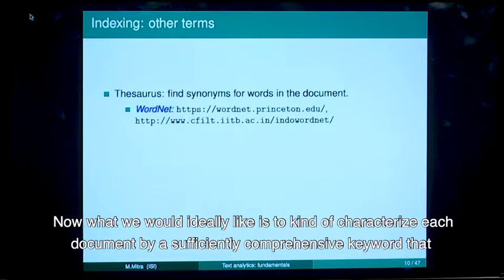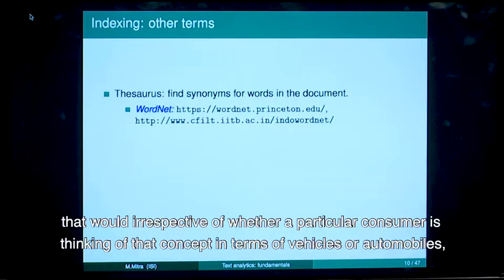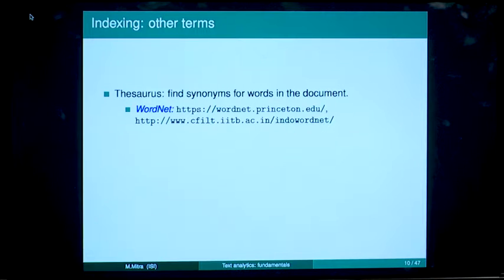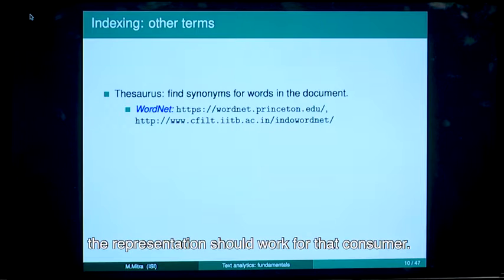Now, what we would ideally like is to characterize each document by a sufficiently comprehensive keyword set that, irrespective of whether a particular consumer is thinking of that concept in terms of vehicles or automobiles, the representation should work for that consumer.